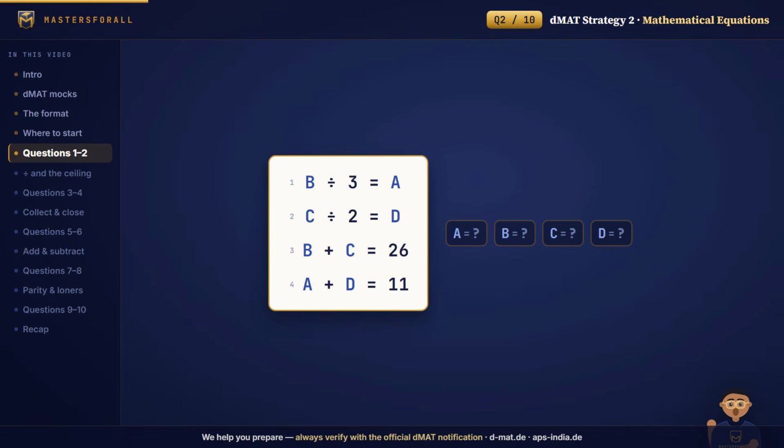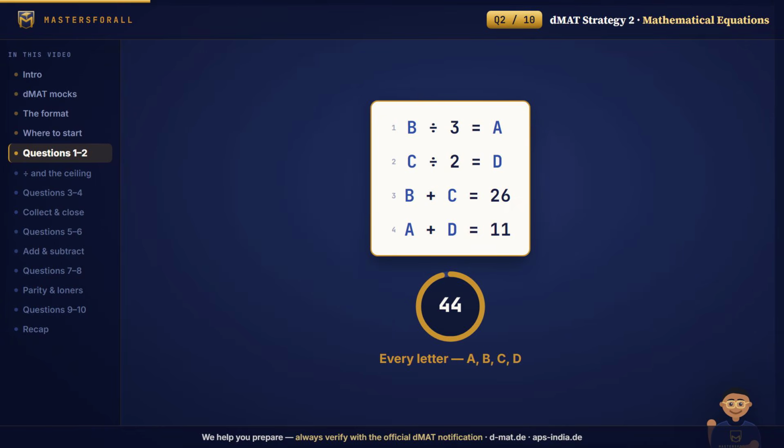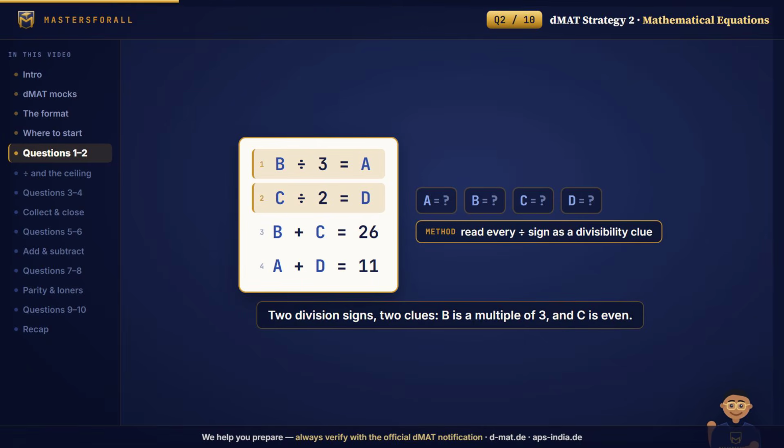Question 2. Count the division signs before you do anything else. Find A, B, C, and D. Two division signs this time, and each one is a clue.